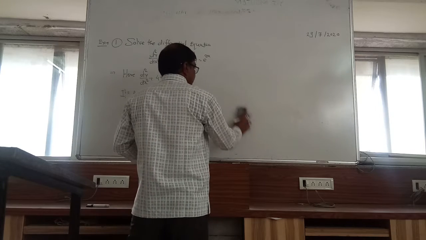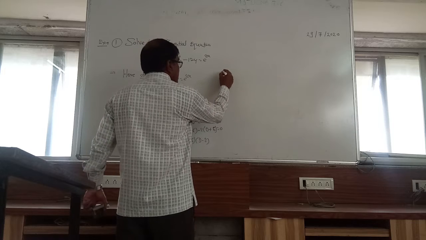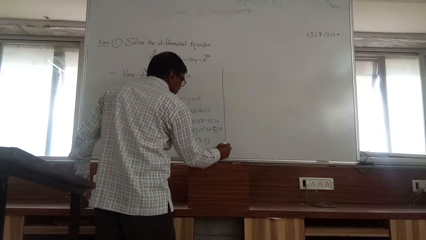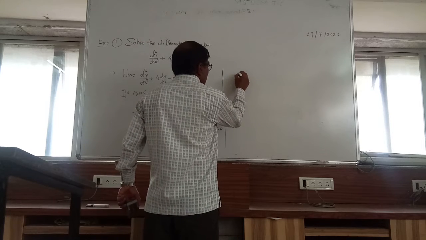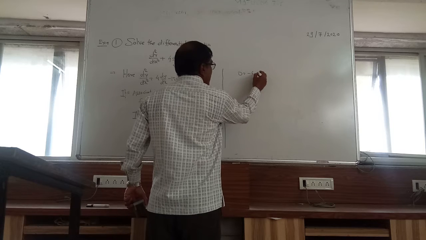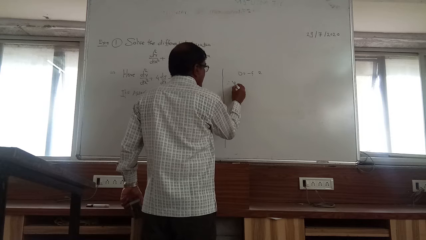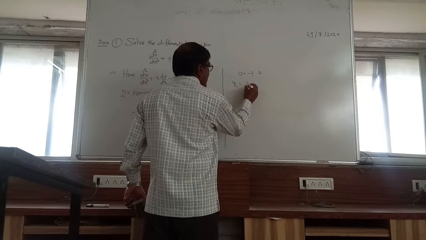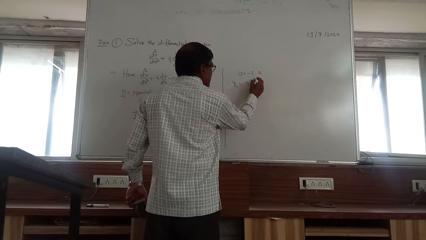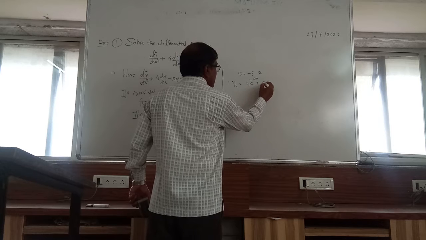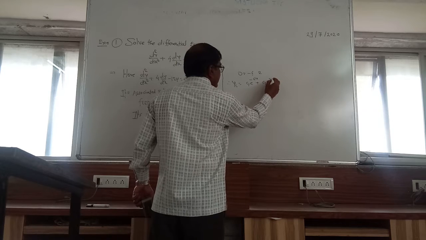Therefore the roots of this auxiliary equation are D is equal to minus 6 and 2. These roots are distinct, so the complementary function is c1 e raised to minus 6x plus c2 e raised to 2x.